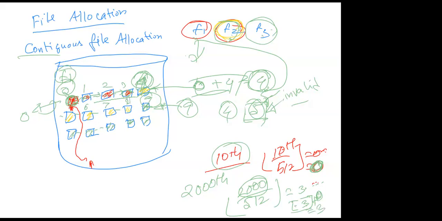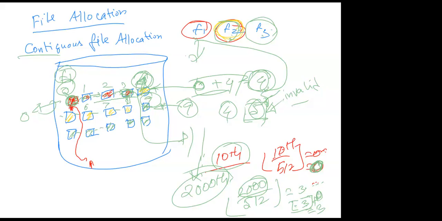You take this block number 3 to the RAM, and you can access the 2000th byte. It is very easy to calculate and figure out where the byte that the CPU asks for is located. It can easily be figured out in the case of contiguous file allocation.